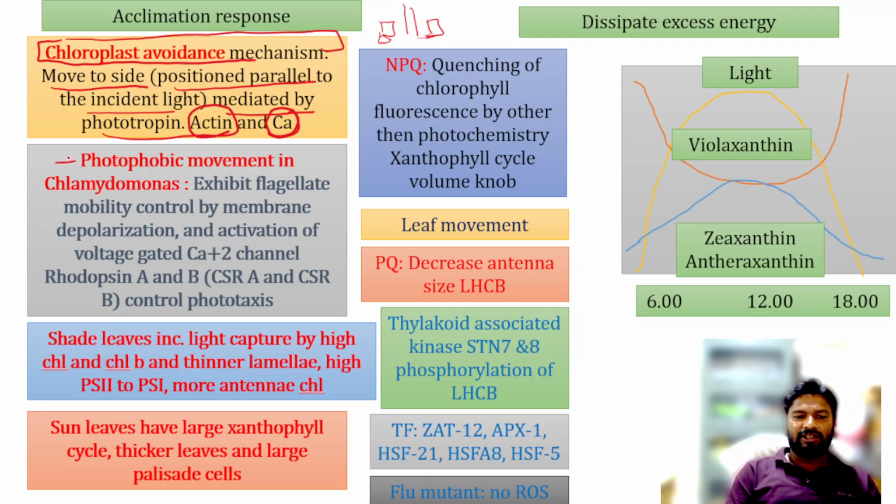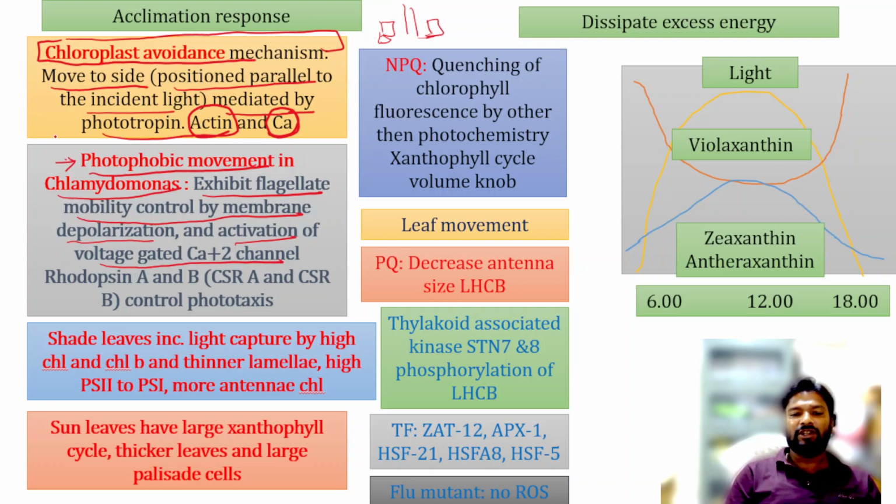And there is also another mechanism that is known as photophobic movement in Chlamydomonas. So this exhibits flagellar motility controlled by membrane depolarization and activation of voltage gated calcium channels.